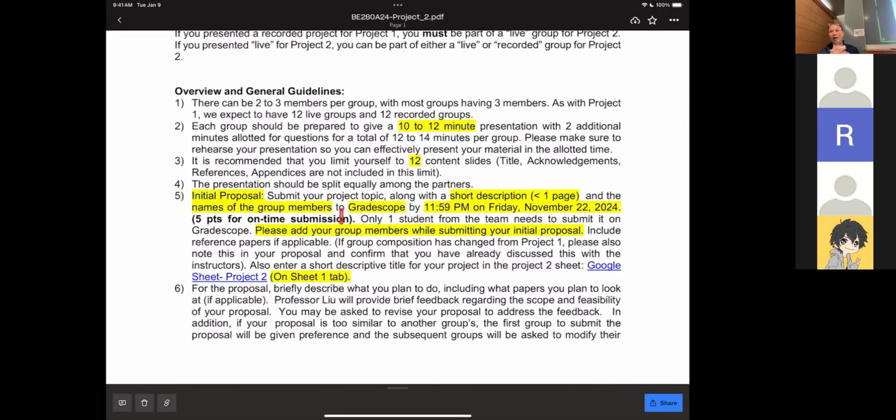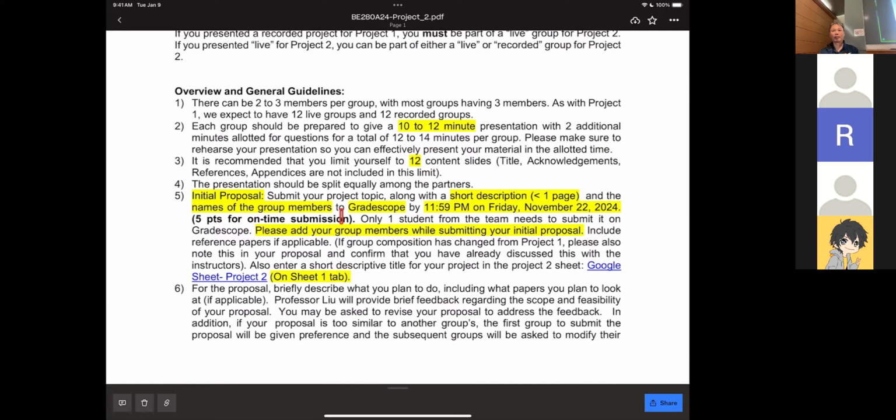So the idea is you have a chance to get feedback such that by the time you finalize your project, you know that it's something that, if done well, has a reasonable chance of scoring well in terms of the evaluation. I don't want people to spend a lot of time on things that are not going to score very well. Okay, so take advantage of that to get feedback.